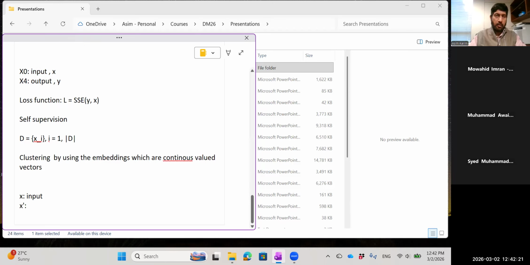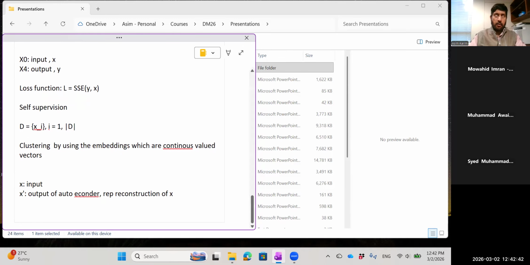So x prime मैं कह देता हूँ output of auto encoder, and this is or reconstruction. ठीक है. So हमारे पास जो लॉस फंक्शन है वो essentially in vector form is this x minus x prime. So let's say vector ये मेरे पास columns थे, तो इसका मैं ट्रांसपोज लूंगा. ठीक है. And then x minus x prime.